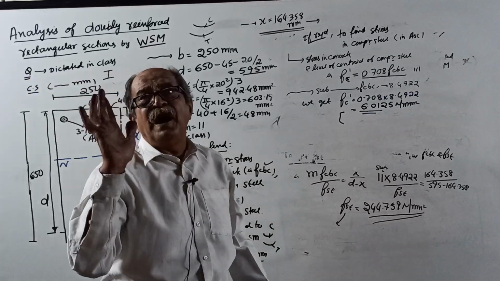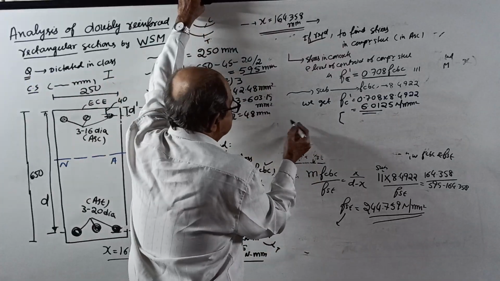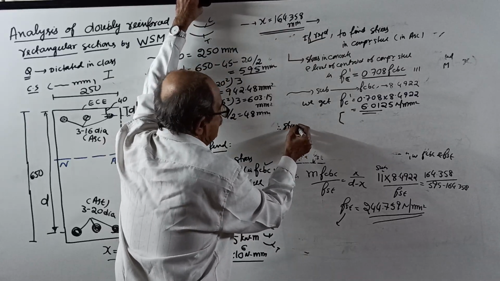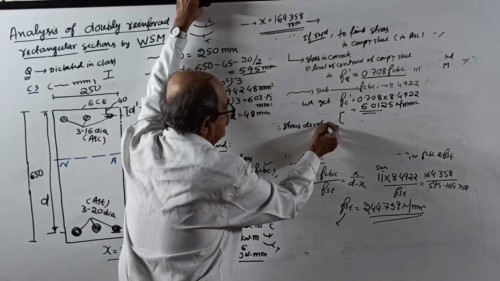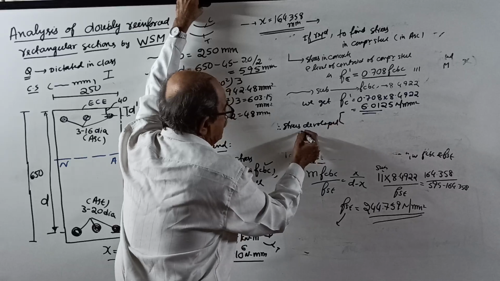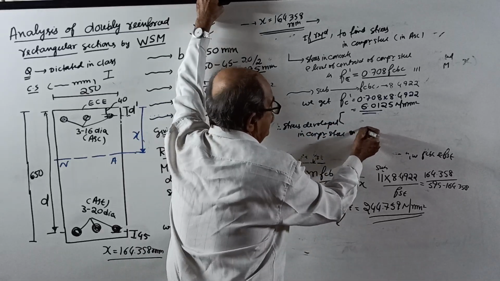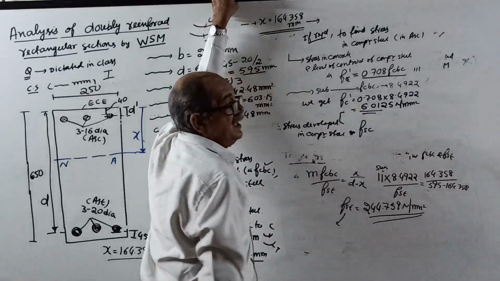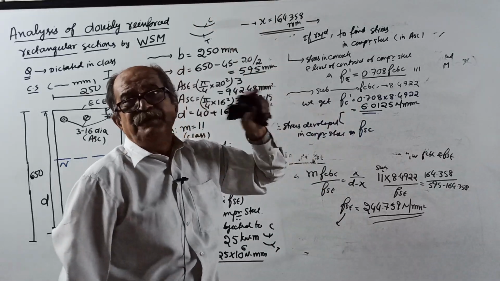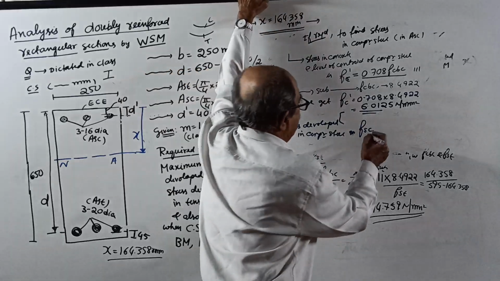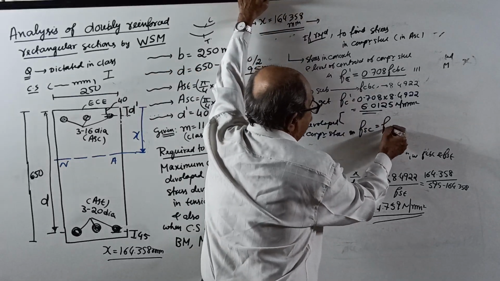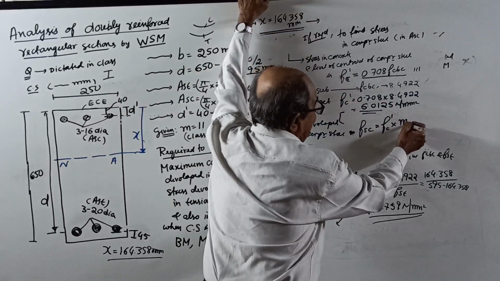Now, theory of RCC. Therefore, stress developed in compression steel, say FSC. But remember, this FSC is different for limit state method. FSC equals whatever FC dash you got multiplied by MC.